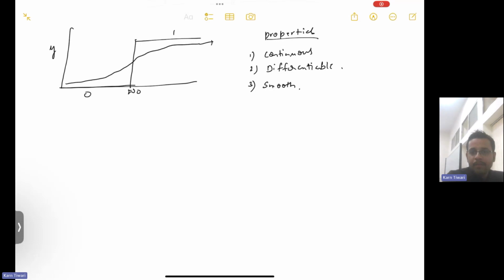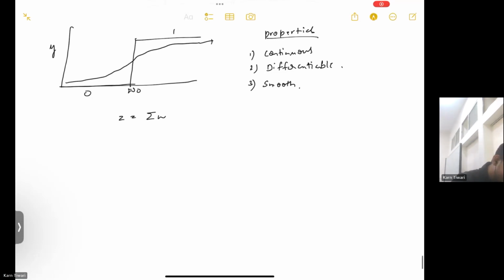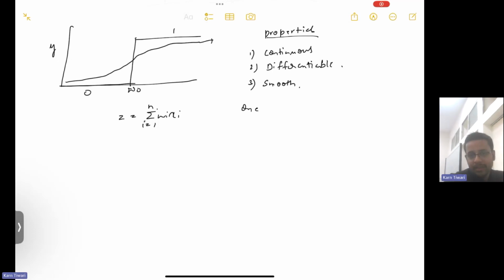So one of the very common forms which you will be seeing is that here the decision Z was taken as of the form summation over i from 1 to n. Now in this case we want to have a smooth function. There are a lot of approaches in which you can get a smooth function like this, but we will be taking a very simple approach.